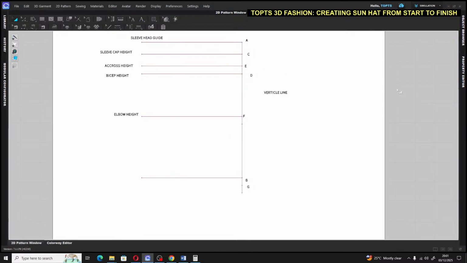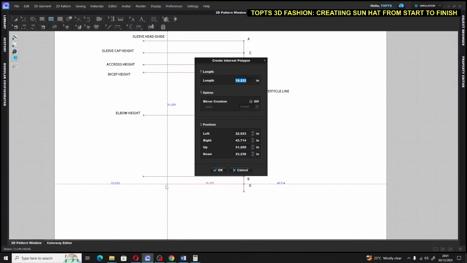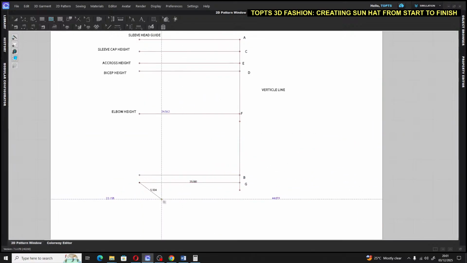That's our point G. Are we learning something, or we are not learning? We are learning. That's great. So we square also this straight line the way we did to the rest, and we label this as hem allowance.